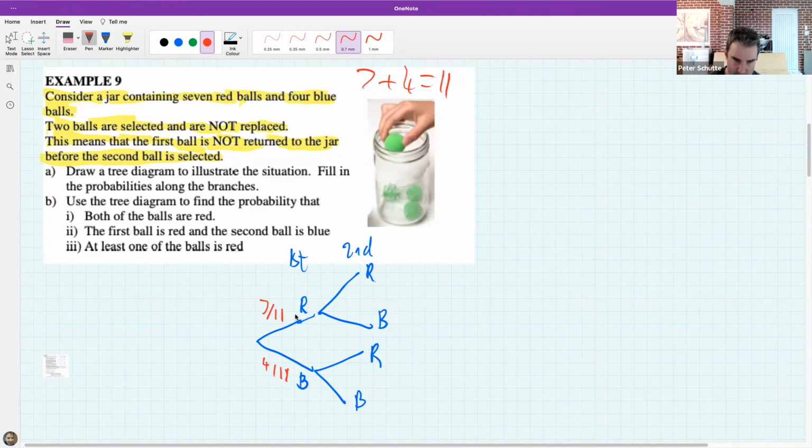If I've taken a red ball out of the container, let's just focus for a moment on this branch over here. If I've taken a ball out and I haven't replaced it, how many balls are left inside the container?